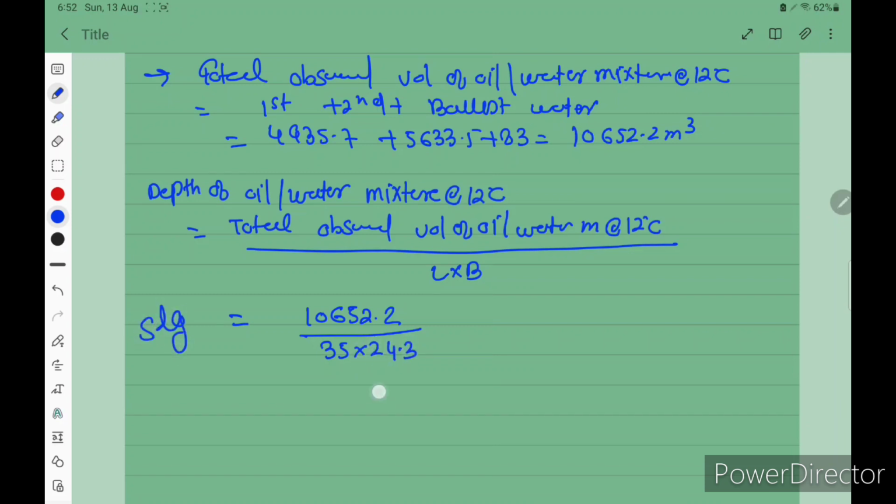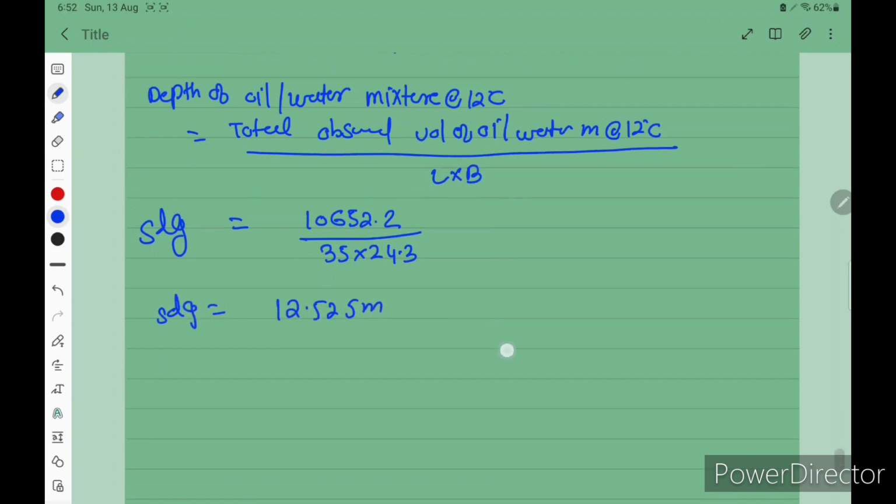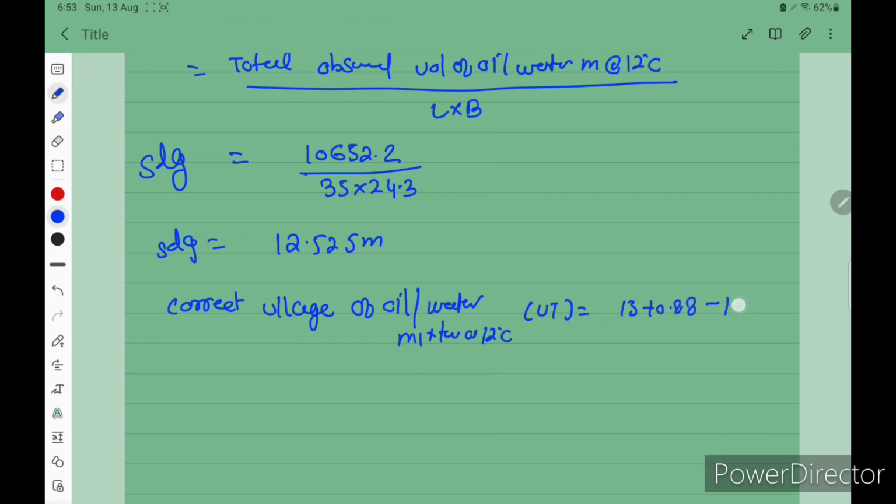So we get the sounding 12.525 meter. So corrected ullage of oil water mixture at 12 degrees centigrade, UT, is equal to 15 plus 0.88 minus 12.525, which is equal to 3.555 meter.